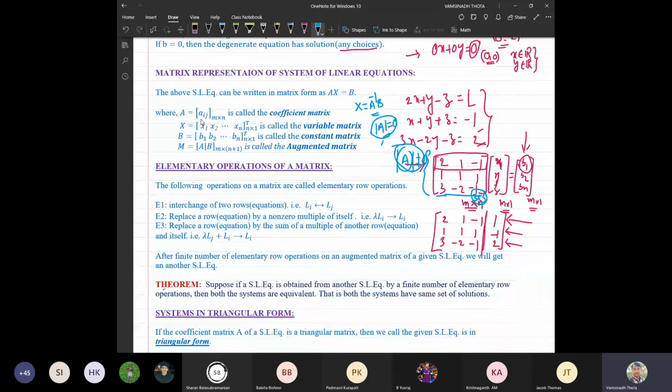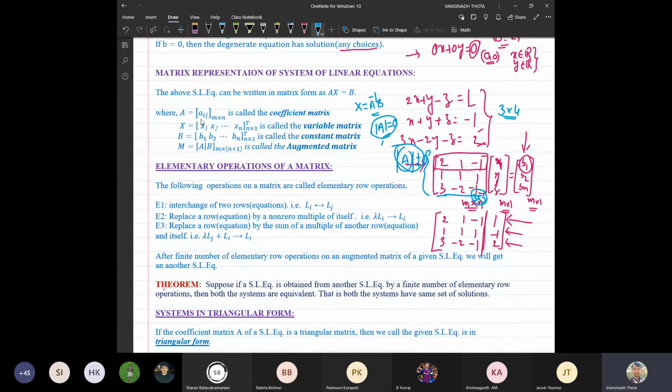But now the system may not be a square system. It may be a rectangular system. For example, I may give only 3 equations in 4 unknowns, and I will ask you to find the existence of the solution. 3 by 4, so definitely it is not a square matrix, so there is no concept called the determinant, and hence you cannot use the inverse method.